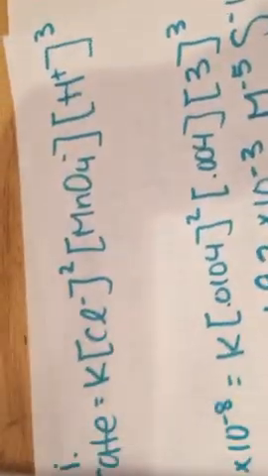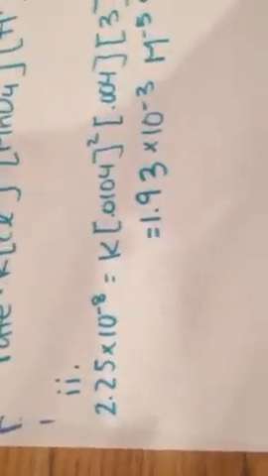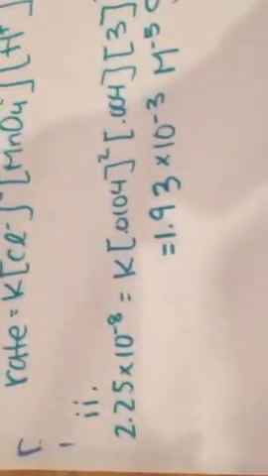And then part 2 asks us to calculate the value of the rate constant k for the reaction, including appropriate units. So what we're going to do is plug trial 1 into our rate law that we made up here.